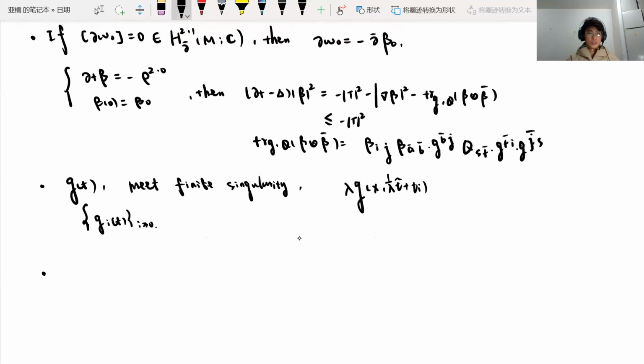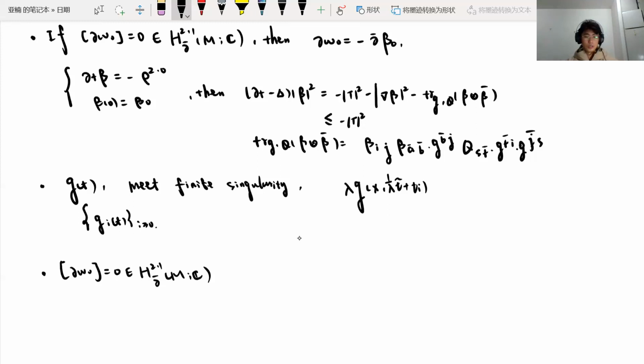And notice that there are many examples of this condition.